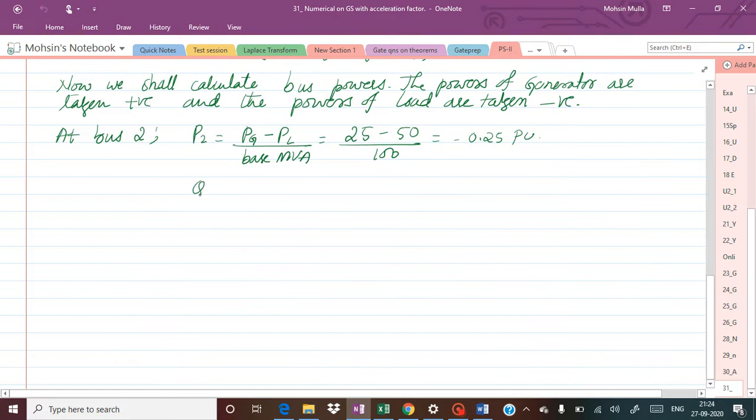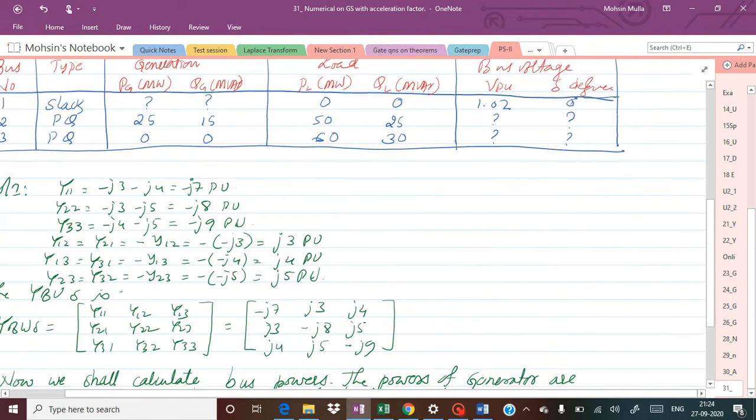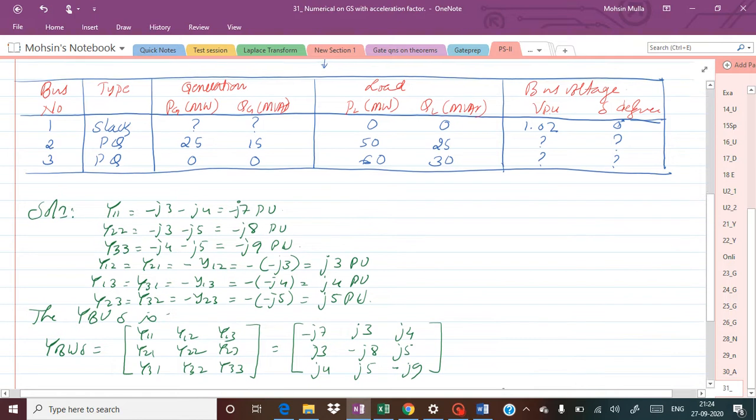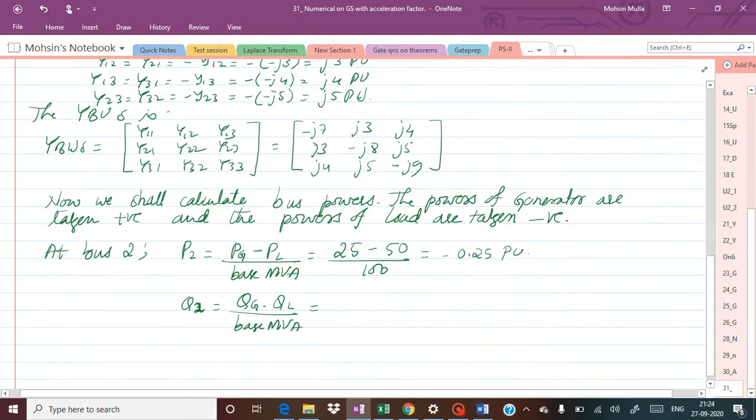In the same way we can obtain the reactive power, which can be written as Qg minus QL, again divided by base MVA. What is Qg for bus 2? Qg is 15 and QL is 25.